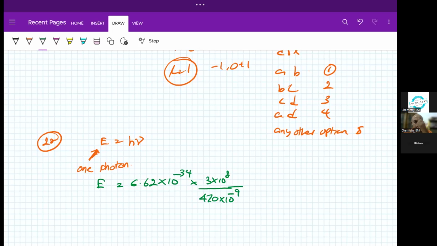Now this is having some kind of energy in joules. For 1 second, it is generating 6 joules.